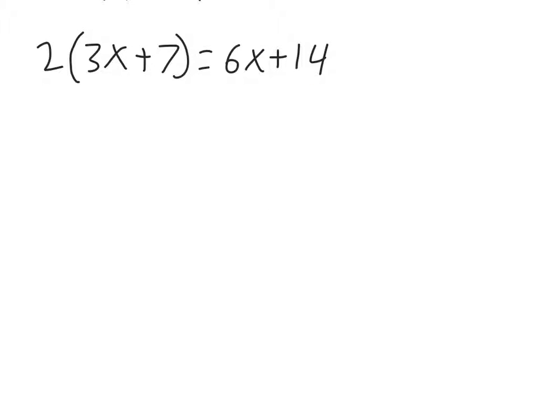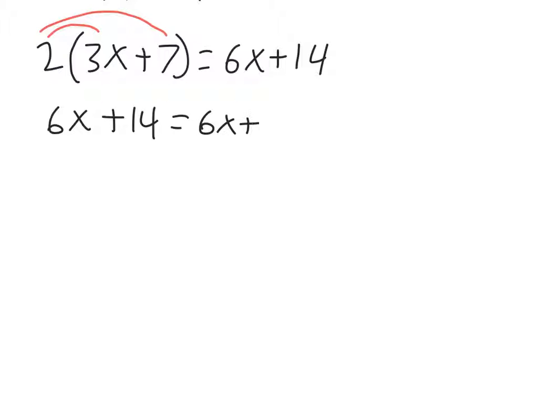Alright, now let's look at this example. So notice we have 2 in front of parentheses, so we have to use the distributive property. 2 times 3x is 6x, and 2 times 7 is 14. And then the right side stays the same. And the property we used, distributive property. Then we need to bring this 6x to the other side.